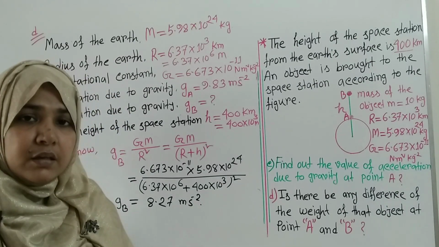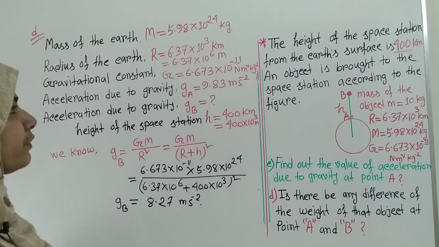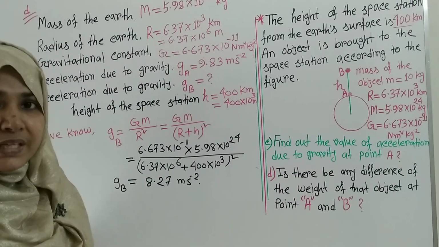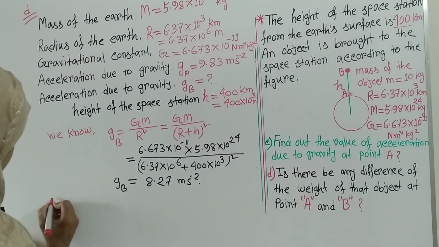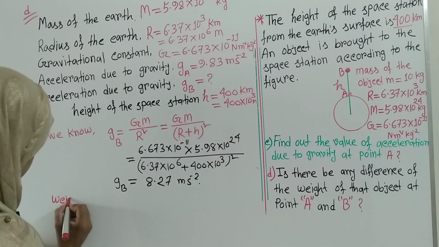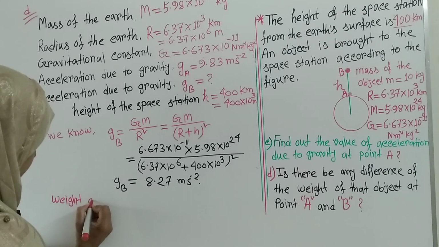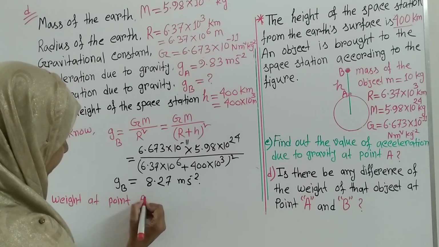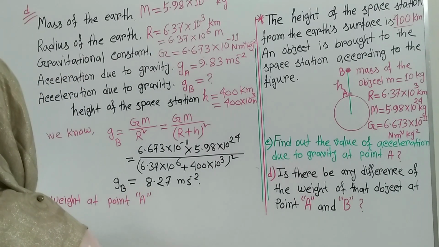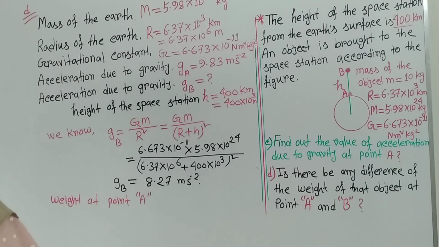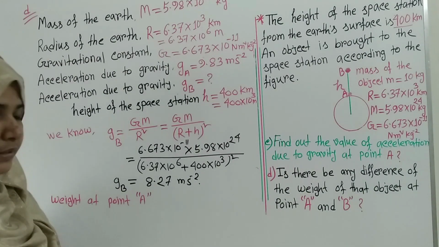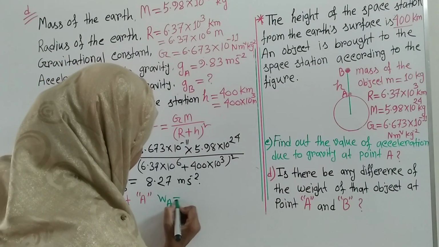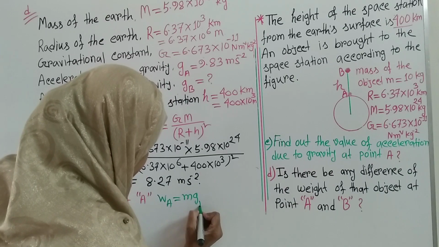So students, here now we know that the value of Ga is 9.83 and the value of Gb is 8.27. We can write that weight at point A, if we denote it by Wa, then Wa is equal to m Ga.